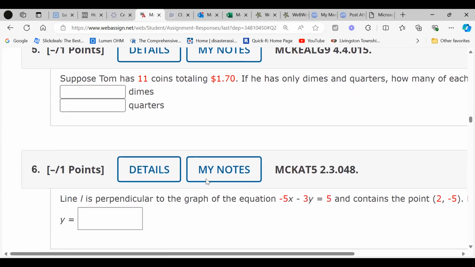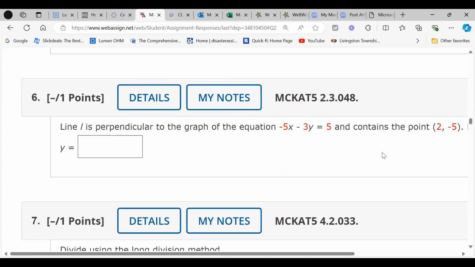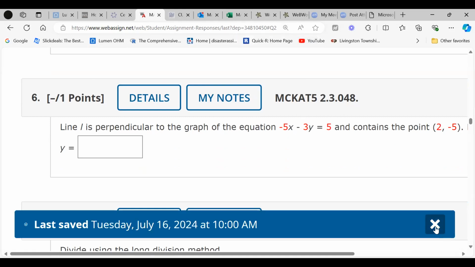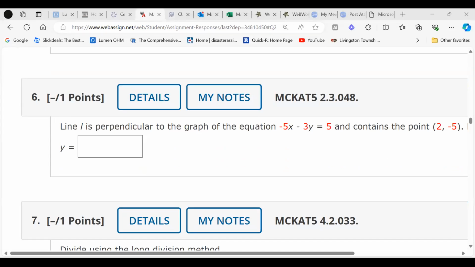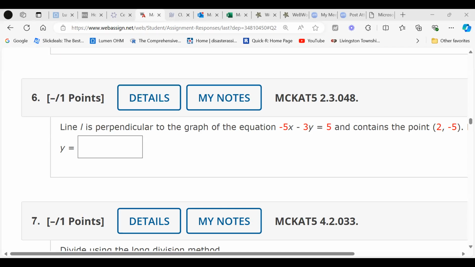And let's look at question number 5. A line is perpendicular to the graph of this linear function and contains the point (2, -5). So we are looking for the perpendicular line to this given line that also passes through the other point.